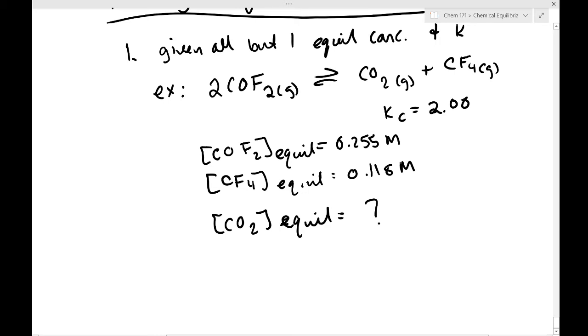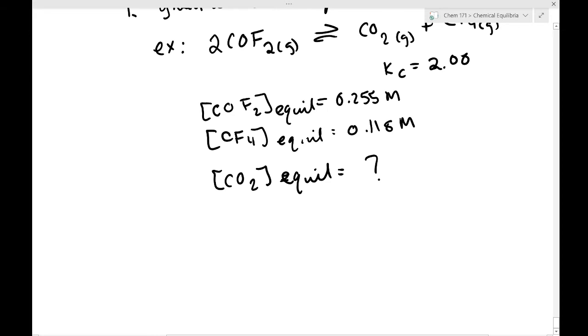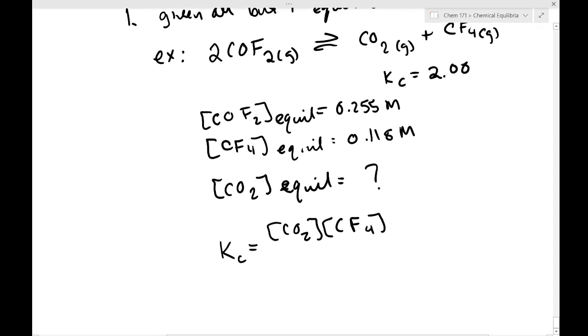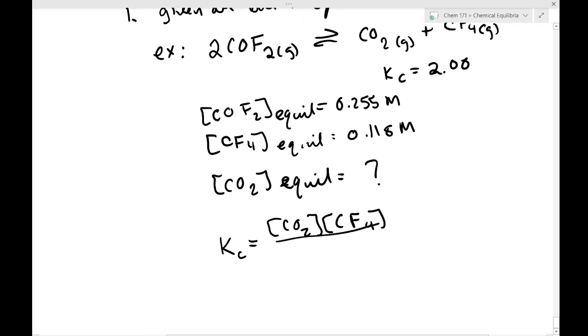Okay, now the way that we start this is we start with our Kc expression. So Kc is equal to products, so CO2 times CF4 divided by the concentration of COF2 squared. Okay, so we have all of these equilibrium concentrations here.